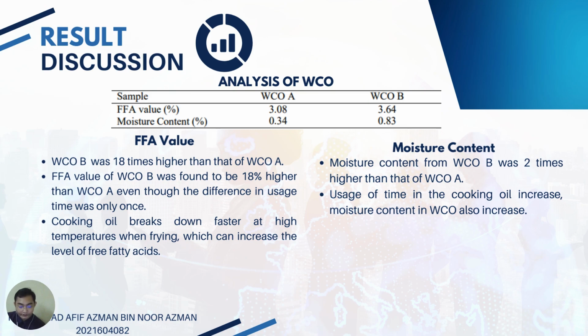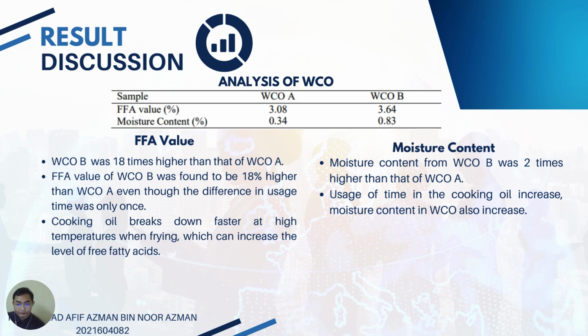This is due to increased cooking oil usage causing more moisture from food particles to seep into the oil and condense on the oil surface, thus introducing additional moisture content in the WCO.